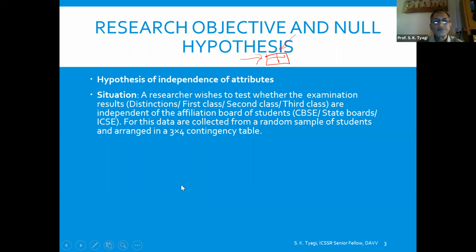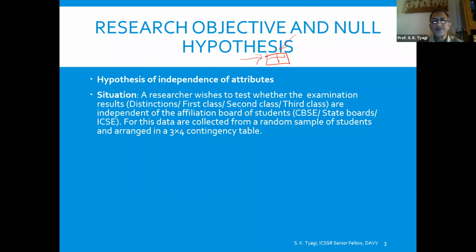So we very often hear that a particular board is quite liberal in awarding divisions to the students. Many of the students are getting 100 out of 100. Many of the students are getting distinction, whereas a particular board, a state board or some other board, is not so liberal.